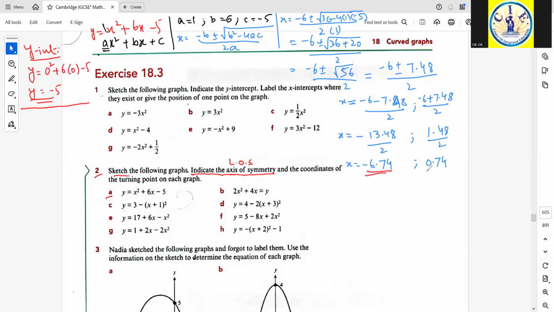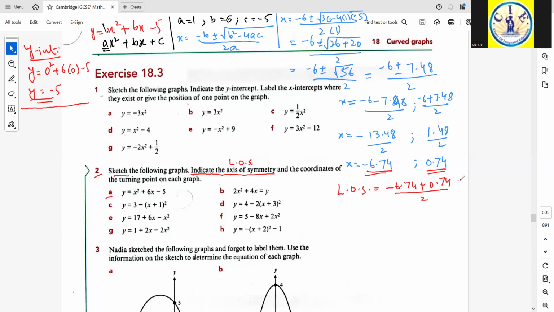So this point and this point, the point which is halfway between these 2 points, so you need to have their average. So for the line of symmetry, we can have negative 6.74 plus 0.74 divided by 2.